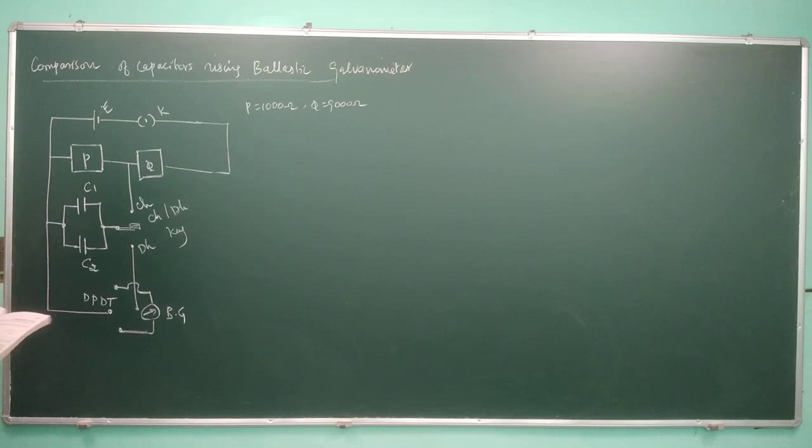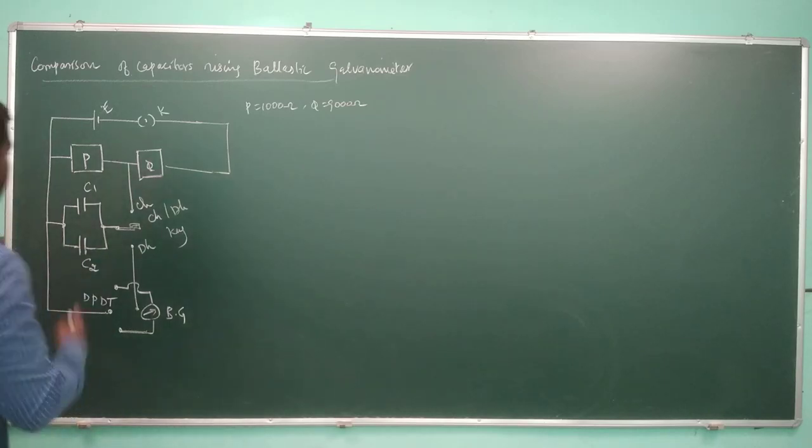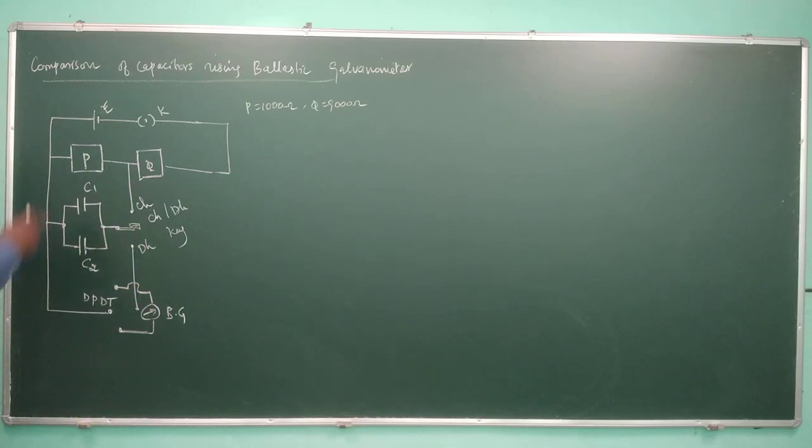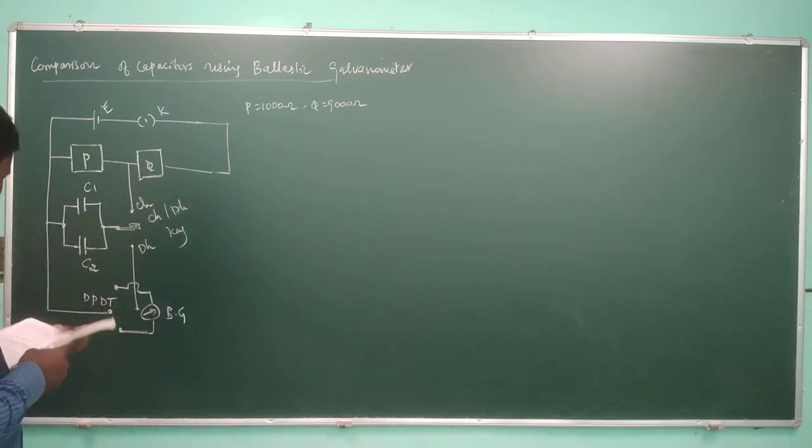In a similar fashion, for the same P, we apply the second capacitor, and then we can find the right deflection and left deflection. Then we will change the P values in steps of 1000 or 500, and we can monitor the maximum deflections for the capacitor C1 and for the capacitor C2.